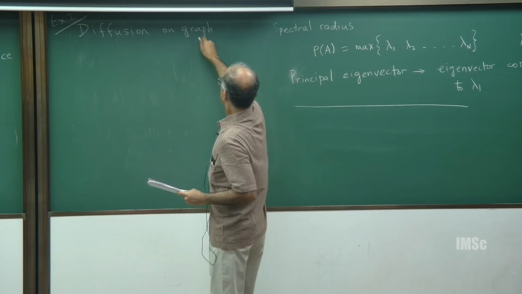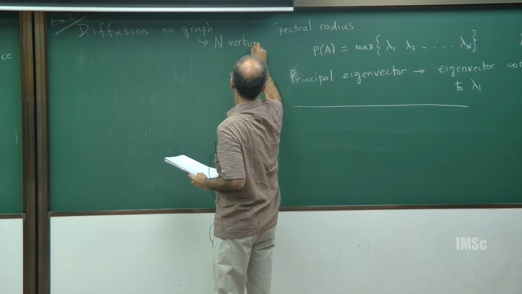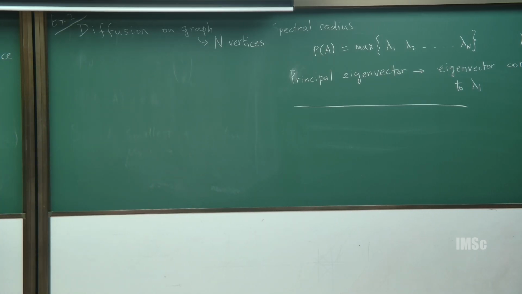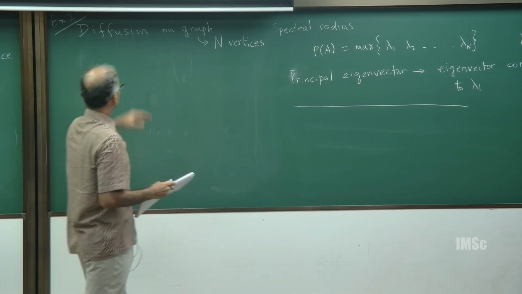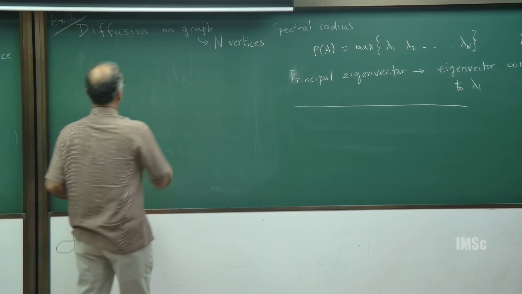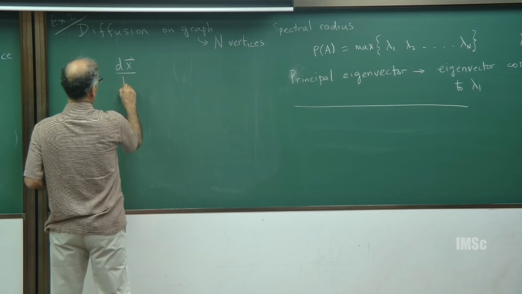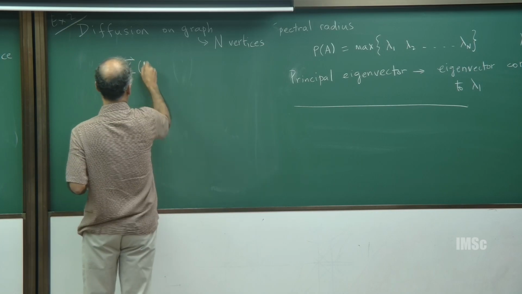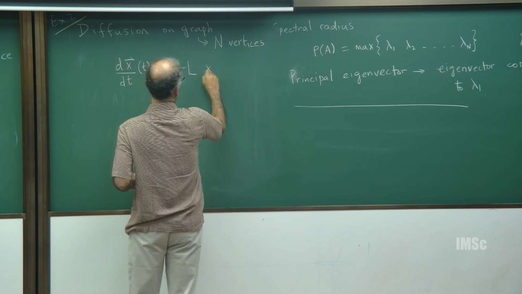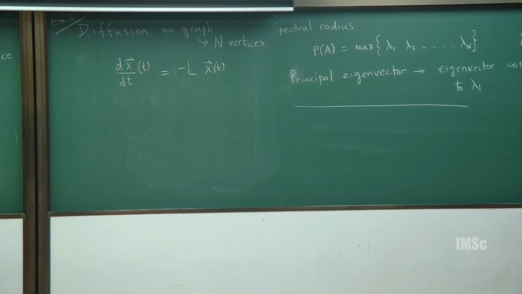I assume that this graph has n vertices, and typically you can think of it as random walkers on a graph, on a network, and this x is a vector. So this is the governing equation.